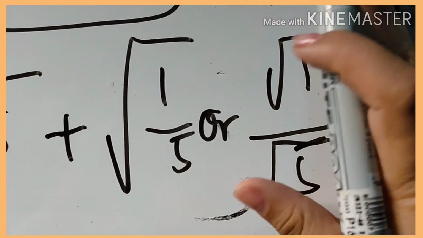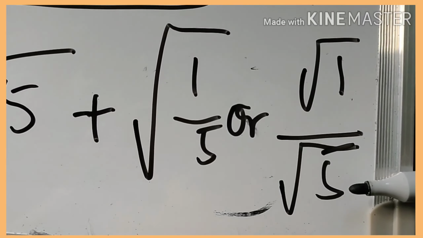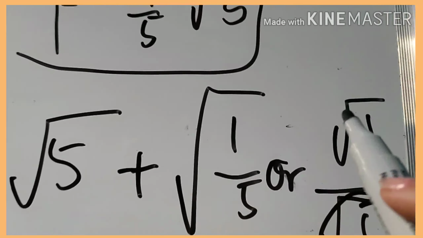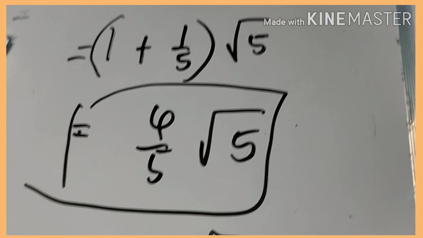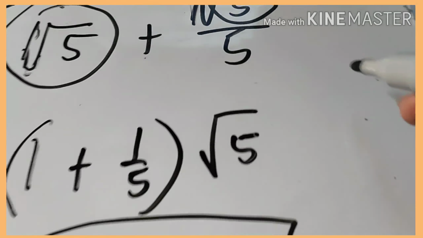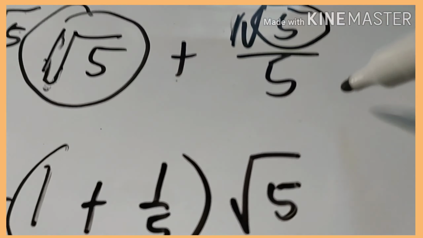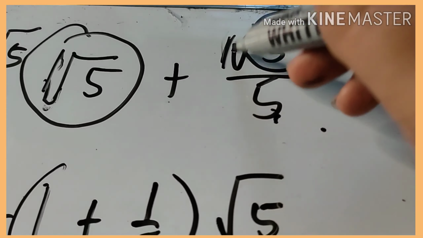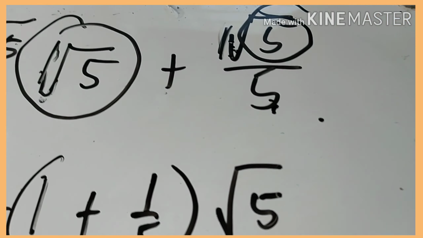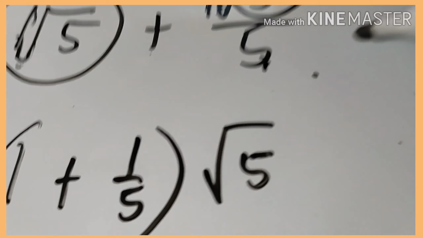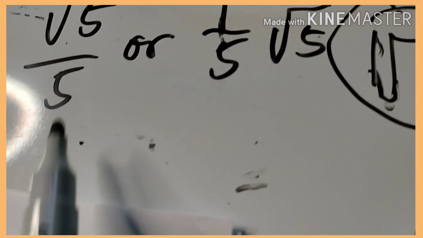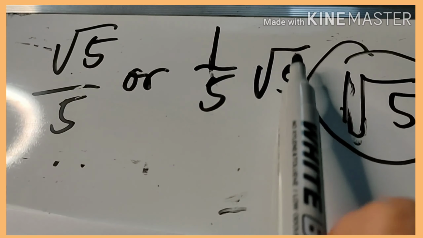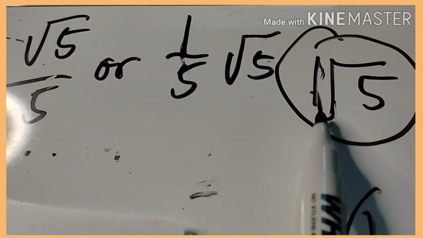Then rationalize to get rid of the radical sign, and then do the operations. Always consider that there is a numerical coefficient beside the radicals. Square root of 5 over 5 is equal to 1 over 5 square root of 5.